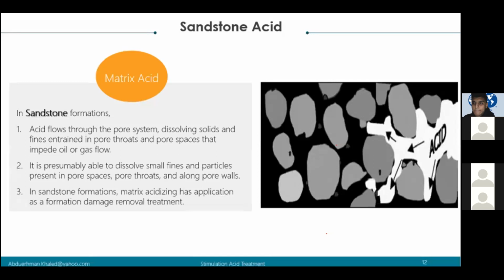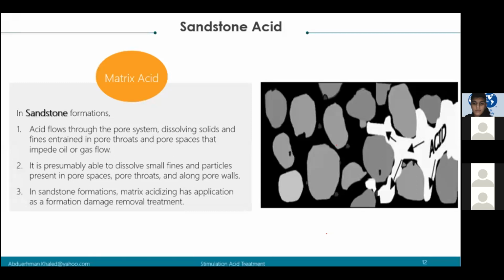It's quite important to highlight that a sandstone oil reservoir consists of different clay minerals, such as kaolinite, smectite, or sometimes illite. These are the most common clay minerals. They exist in sandstone formations, and these minerals highly affect formation damage during well stimulation operations.